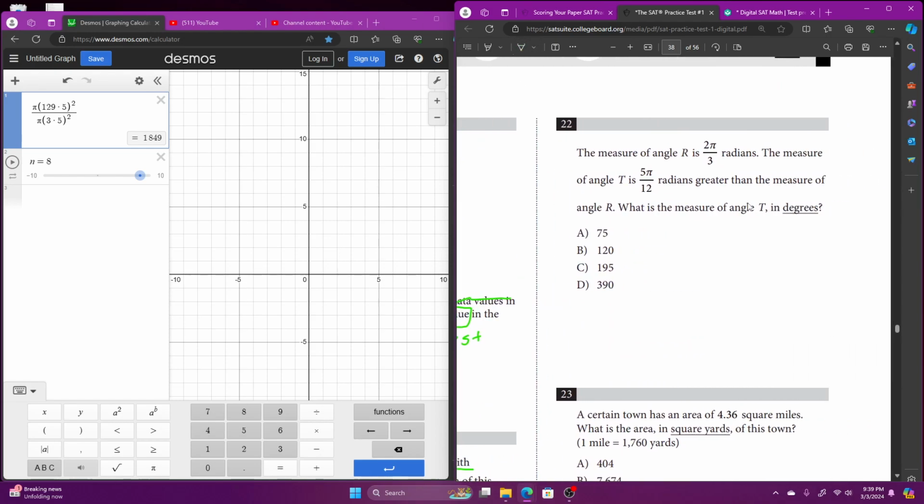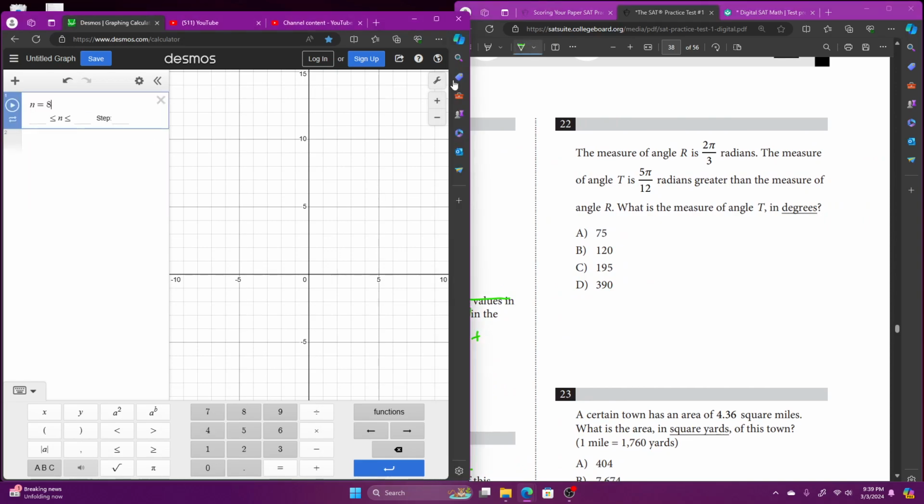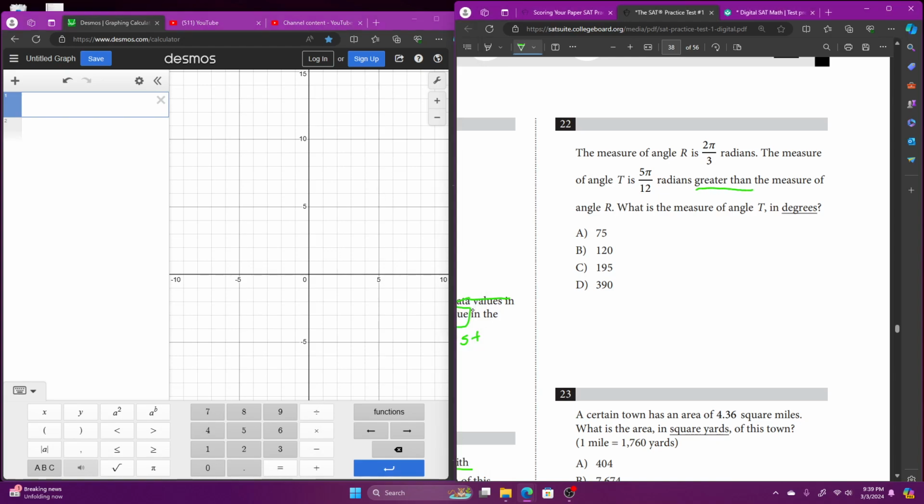And then moving on to question number 22. The measure of angle R is 2 pi over 3 radians. The measure of angle T is 5 pi over 12 radians greater than the measure of angle R. What is the measure of angle T in degrees?